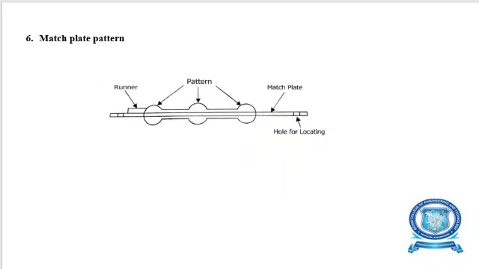Mostly symmetrical components will use this kind of match plate pattern. Centrally there is one match plate, and one half of the pattern will be assembled on the upper side of the match plate, the other half assembled on the bottom of the match plate, and the match plate is assembled for reference in two pieces.